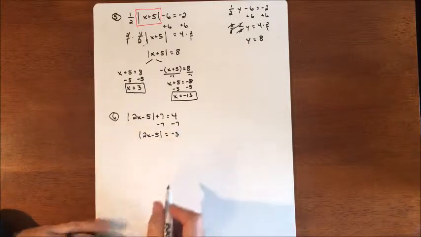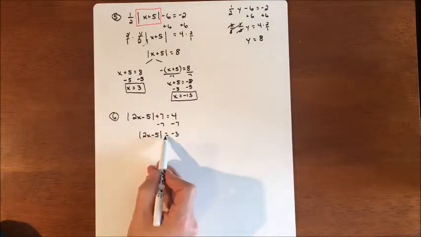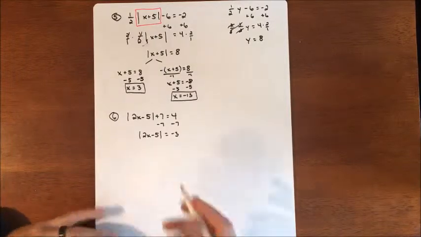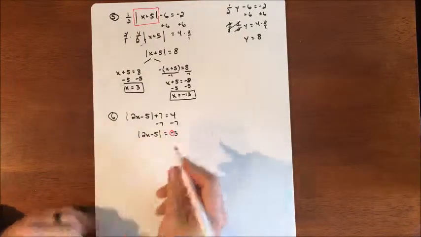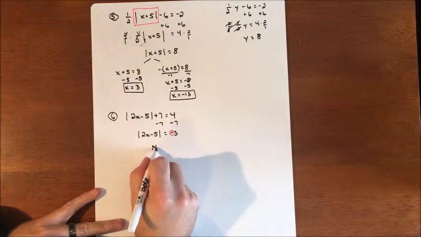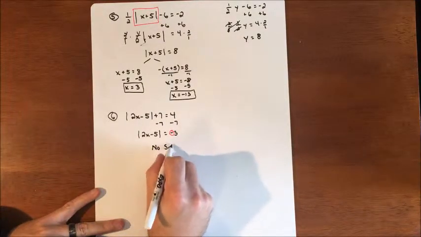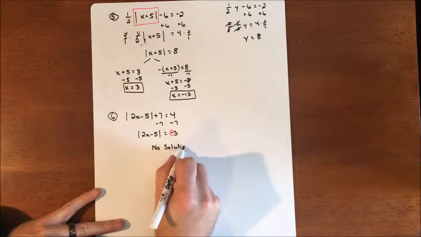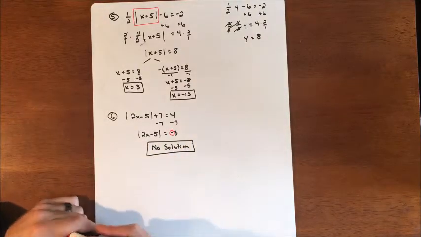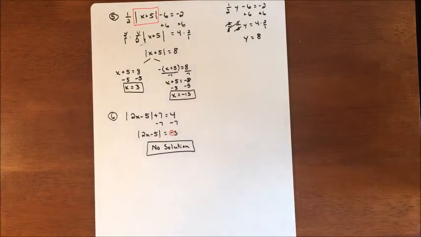Now always ask that question, can you take the absolute value of something and get a negative? So that again is our problem. You cannot take the absolute value and get a negative of something. So nothing will work. No solution. Alright, and that was solving absolute value equations.